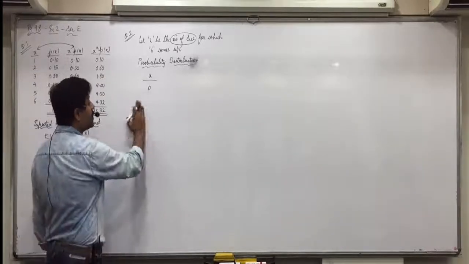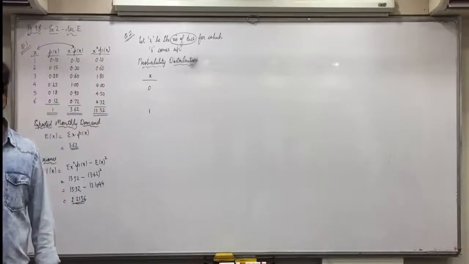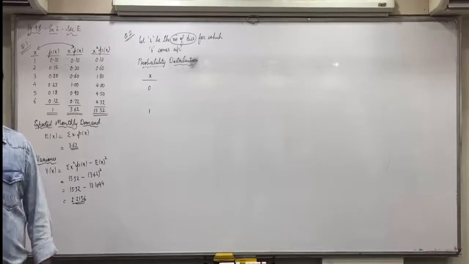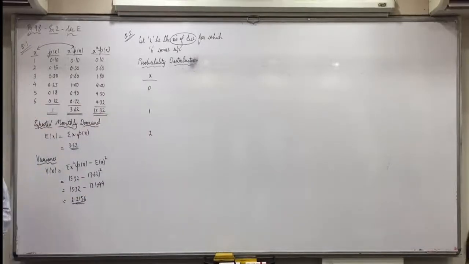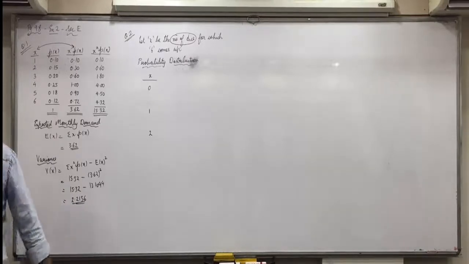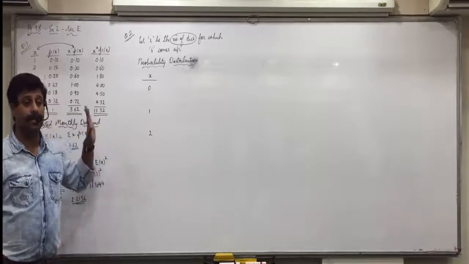The outcome 1 6, in that case 6 is on how many dice? 1. And 6 6, both the dice you have 6. Did you understand this value of x or not? Yes. 2 dice are thrown. So either on none of the dice we may get 6, or in any one of the dice we may get 6, or on both the dice we may get 6.